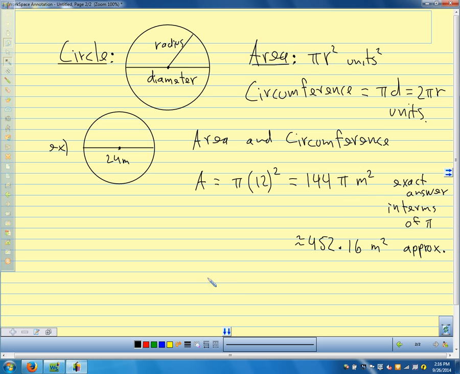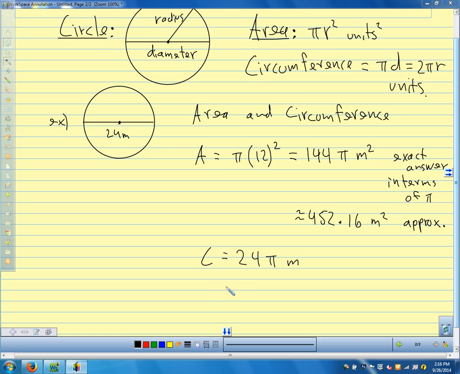All right, circumference. We have the diameter here, so it's going to be 24 pi meters. That would be my exact answer, or the approximate answer. 24 times pi gives me 75.36 meters. So this would be the approximate answer.